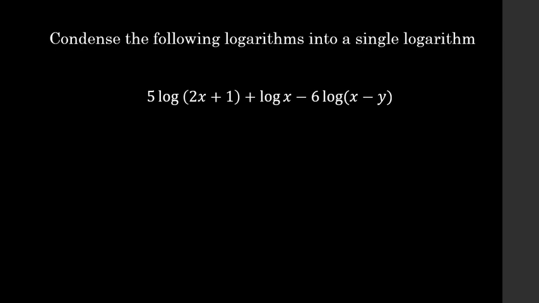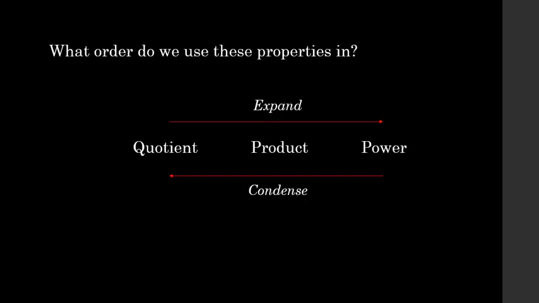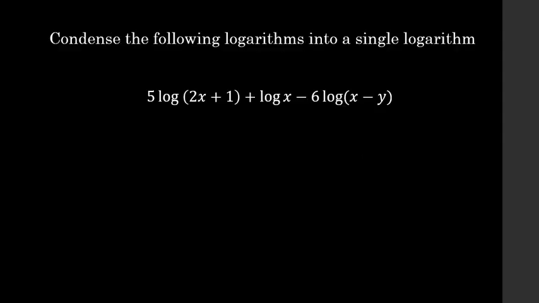So going back to our chart of what we did first, since we're condensing, we're going to use that power property first. And we're going to take the numbers that are out front here, and make those the exponent of what's inside of our log.